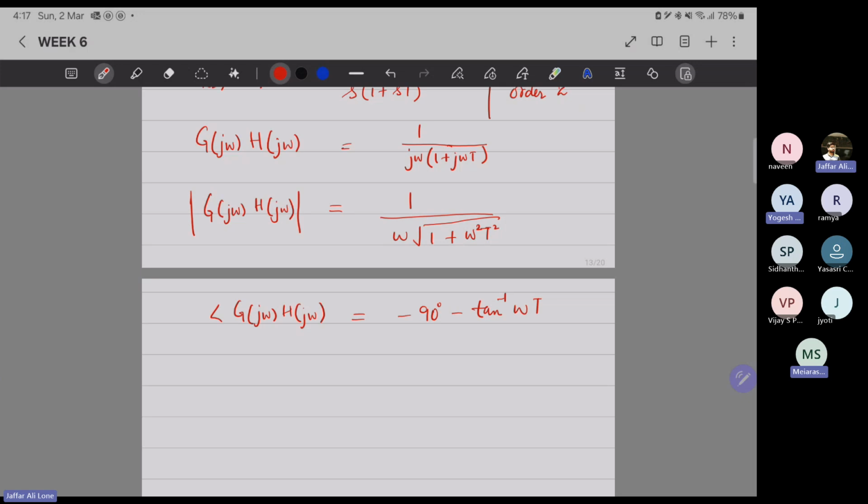Right. Now again, let's make a table. We have omega, magnitude, and phase. So can you tell me when I put omega equal to 0, what is the magnitude I'll get? Infinity. And what will be the phase?